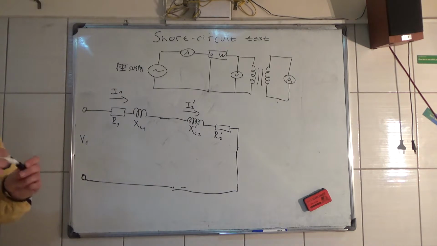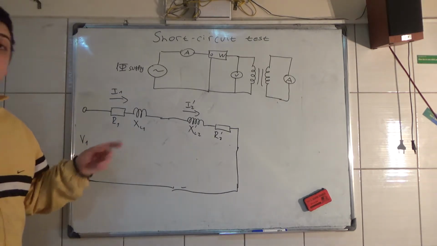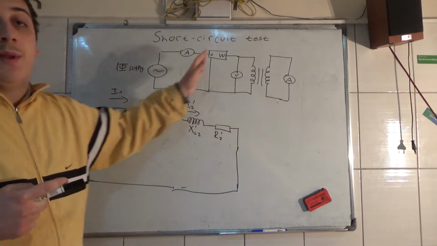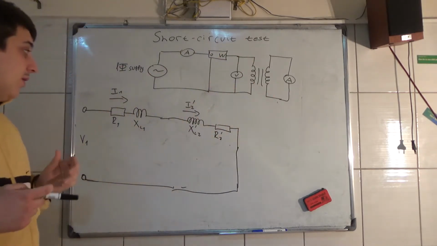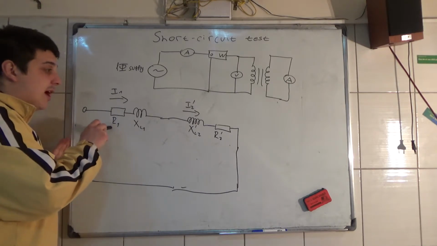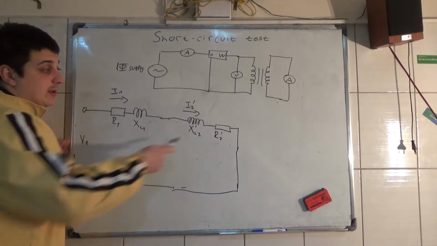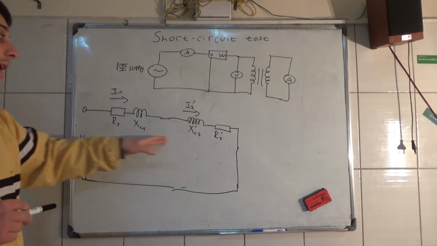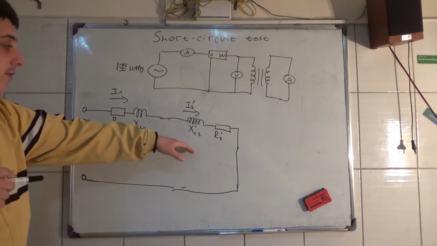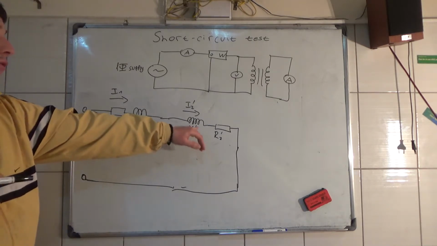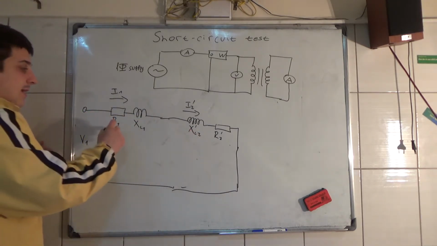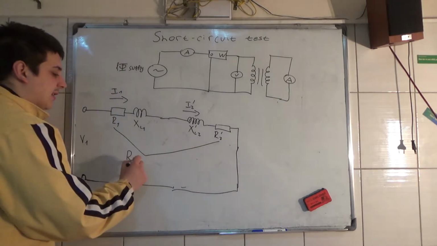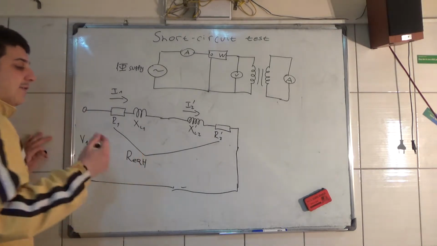Now we can calculate, with all this ammeter, wattmeter, voltmeter, what the values of R1 in series with R2 prime are, and then we can calculate the series reactance of XL1 and XL2 prime. So R1 and R2 prime is the equivalent resistance on the high voltage side.